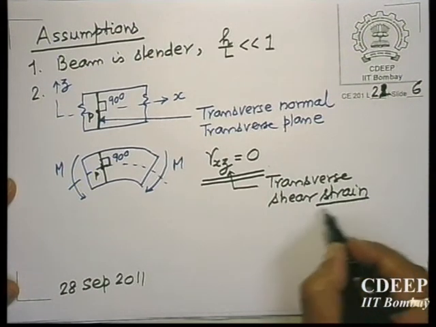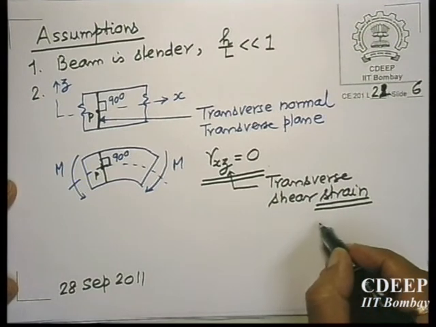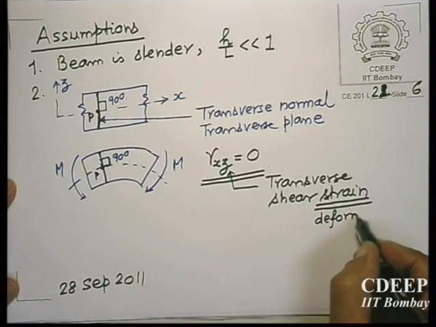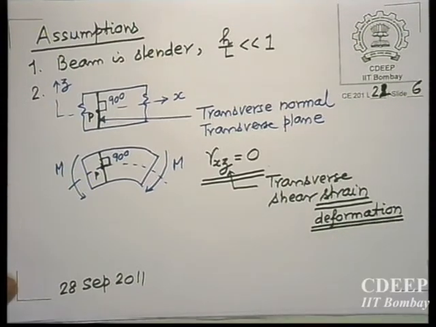Strain is also called by many authors shear deformation. So this transverse shear deformation is 0, there is no shear strain. So the second assumption is that this angle will always remain 90 throughout the process of deformation.